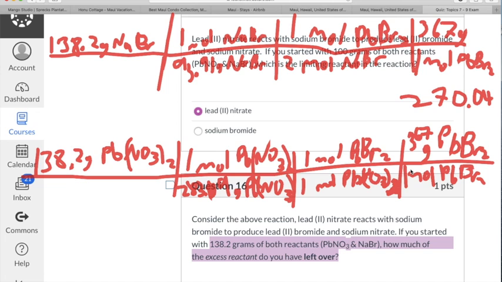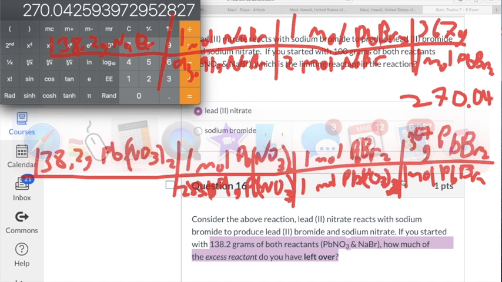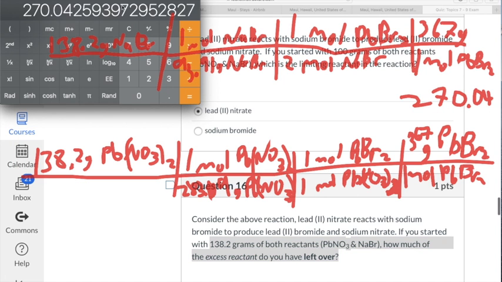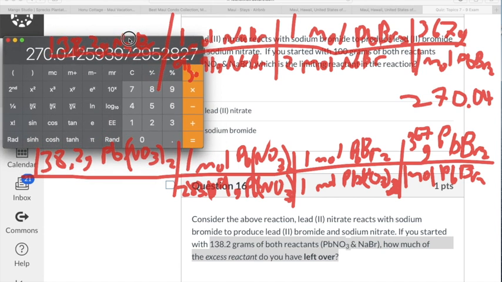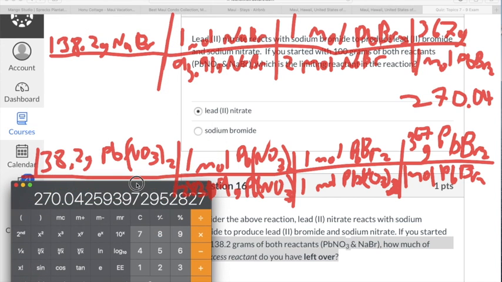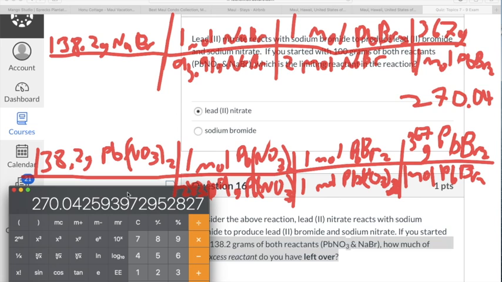So I can plug and check this into my calculator as well. Find a spot I can actually see my calculator as I type this out. That'll work. So I'll start off with my 138.2.